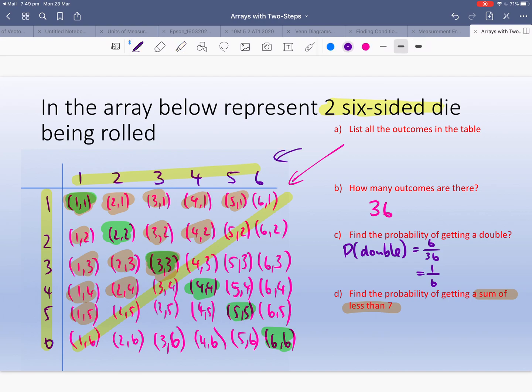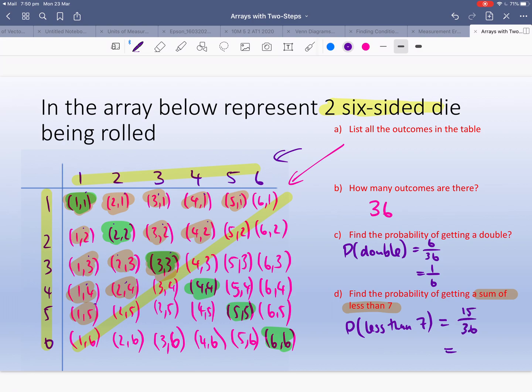Let's count how many there are. 1, 2, 3, 4, 5, 6, 7, 8, 9, 10, 11, 12, 13, 14, 15. It's a bit less than half of them. So for less than 7, it's going to be 15 over 36.